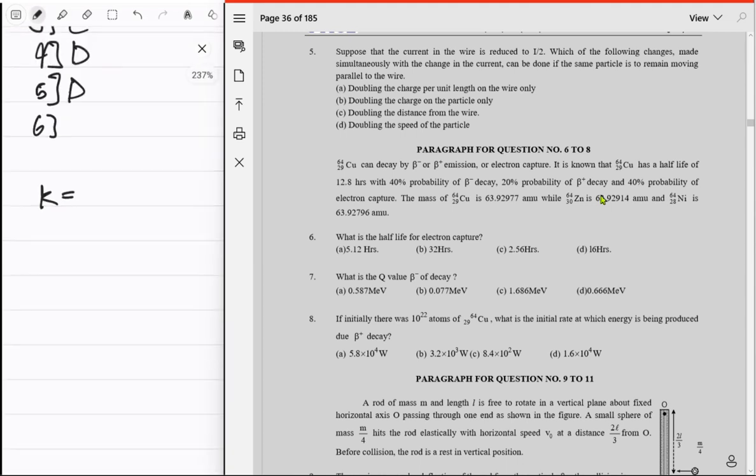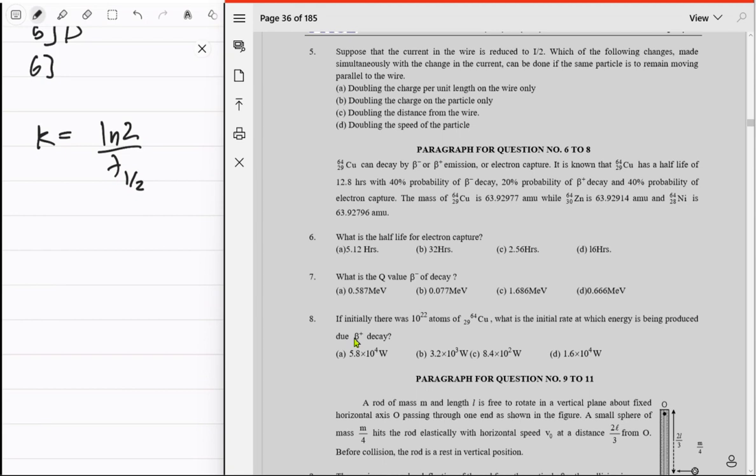k is just natural log of 2 upon t half, and this k you can split into different ways. So first of all we need the half life of electron capture. And what is the value of beta minus decay? That is only dependent on the masses, so no big deal. Initially there are this many atoms; what is the initial radiation energy produced due to beta plus decay? We will need beta plus decay now. Okay, whatever. Suppose the probability of some certain reaction, say p, then we have p times k, that is p natural log of 2 upon t half original.